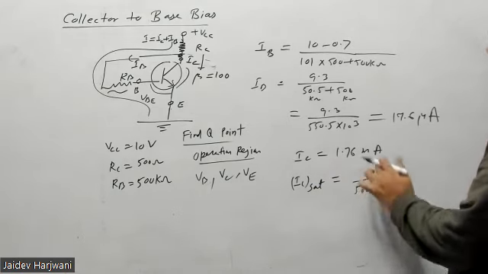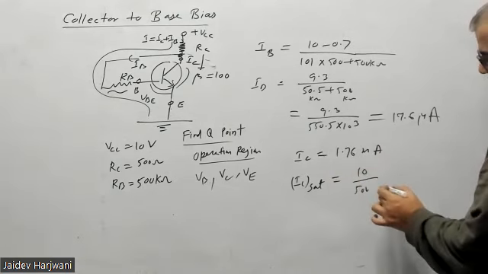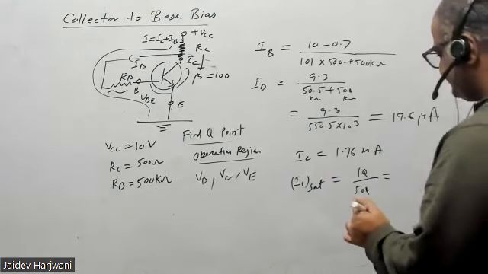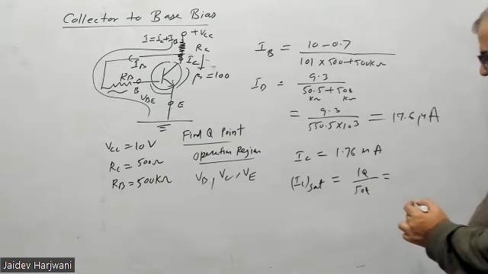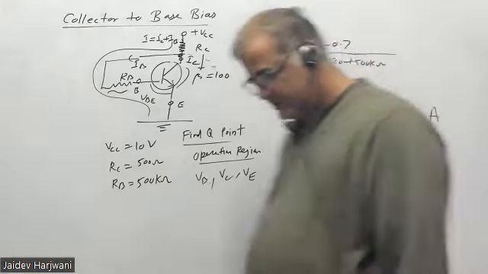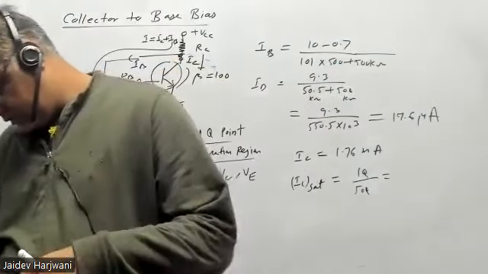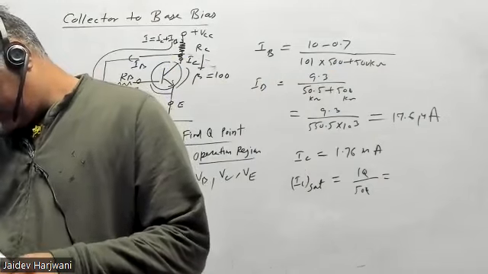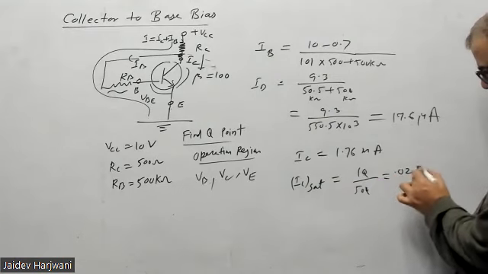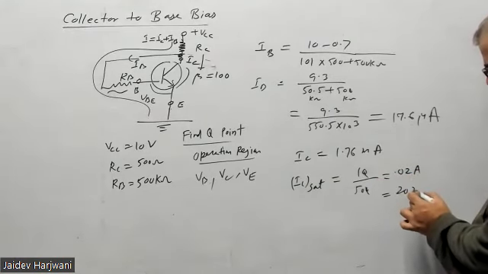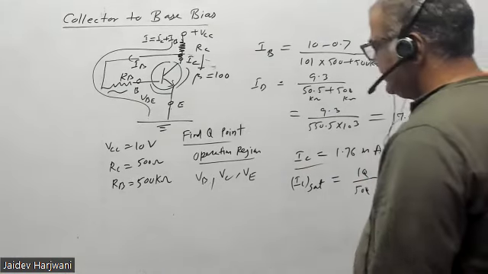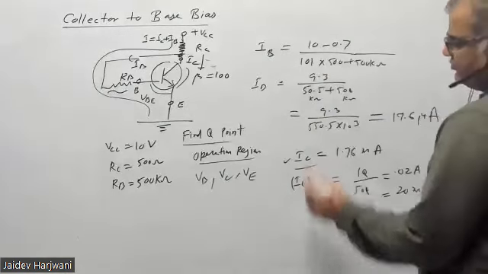How much is IC saturation? 10 by 500, that is 0.02 ampere, which is 20 milliampere. So IC is less than IC saturation, so IC is the correct IC value for this circuit.